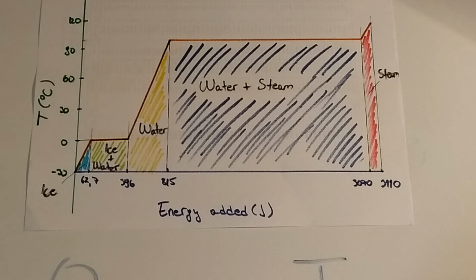But if we have a water droplet on our skin that's at 100 degrees Celsius, then the skin can immediately start to take away energy from the water droplet, and the water will lose energy and its temperature will decrease.